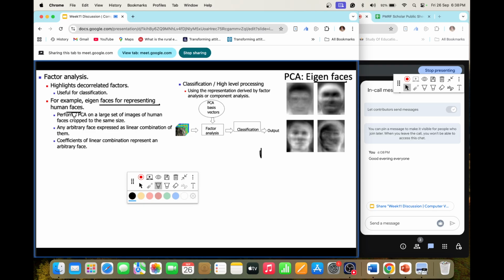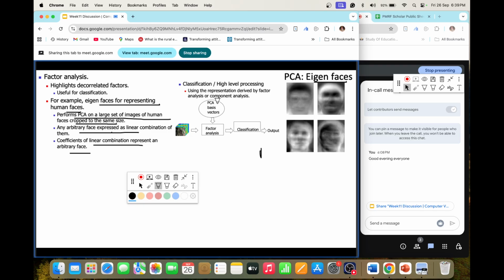Okay, so perform PCA on a large set of human images, with faces cropped to the same size. Any arbitrary face can now be explained as a linear combination of a few eigenvectors. So the coefficients of the linear combination represent an arbitrary face. Okay, so that is how you can also do the classification. So PCA is the algorithm you can see.